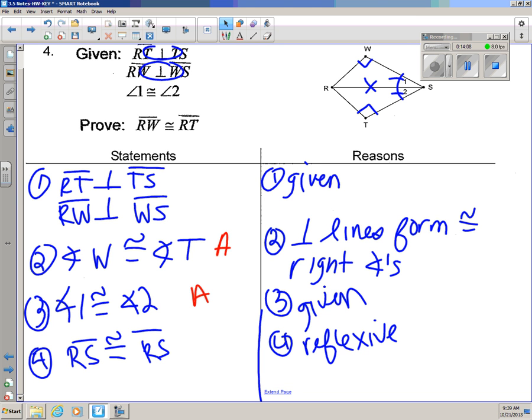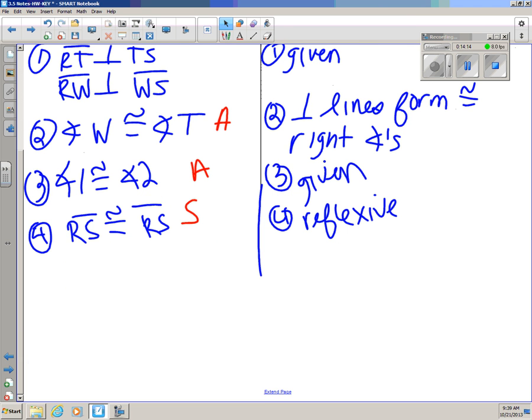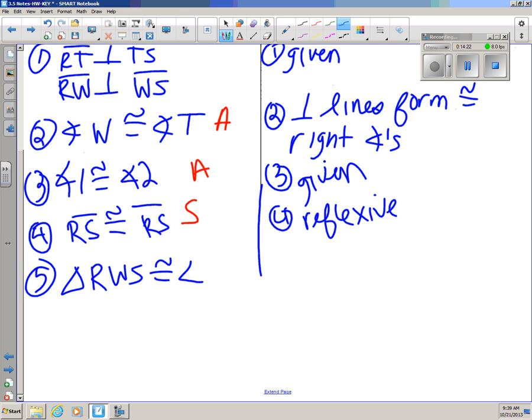There's enough information to prove triangles congruent because now we have a side that is not sandwiched in between. I'm going to bring this up a little bit, and I'm going to name my triangles. I'm going to go for the names of triangle RWS congruent to triangle RTS. And again, we said that it was the side not sandwiched. So this is SAA.